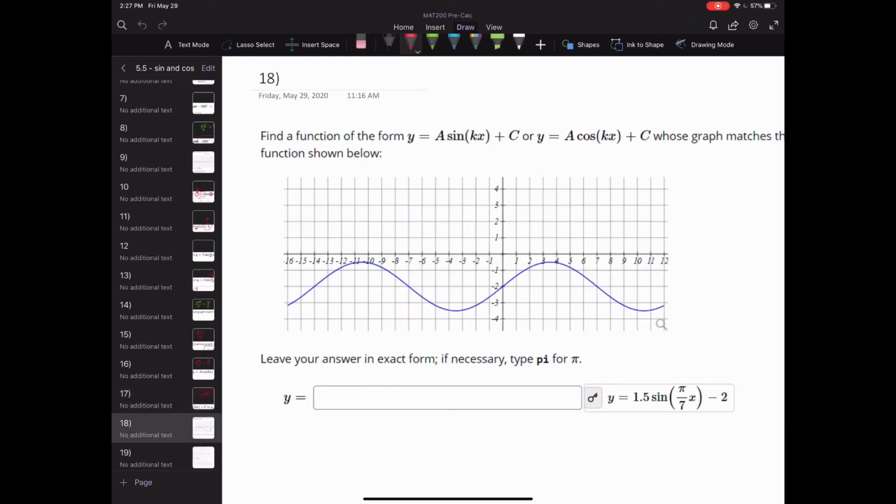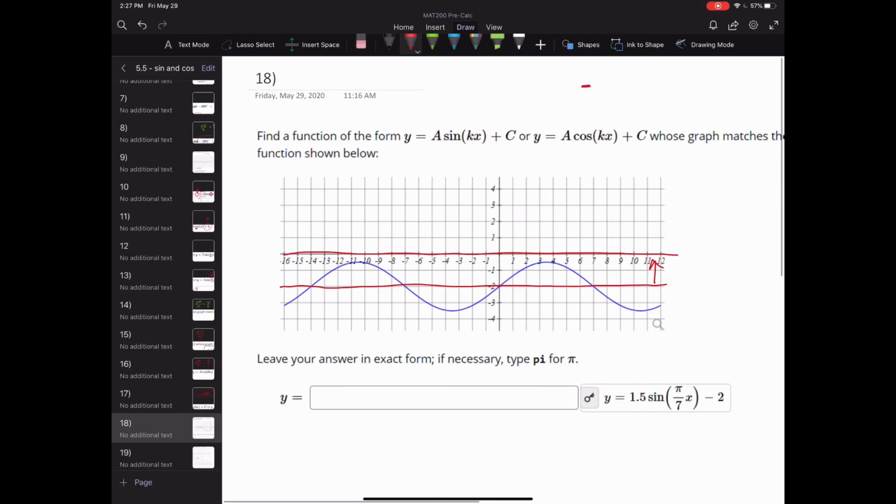Same thing here. Now I'm looking at that midline, and I wanted to match up this, so I had to shift it up 2. So the first thing I know is that I have to think about the original function, and I'm minusing 2 at the end. And it starts at 0, so that will be a sine. And the amplitude is, ooh, that looks like 1.5, right?